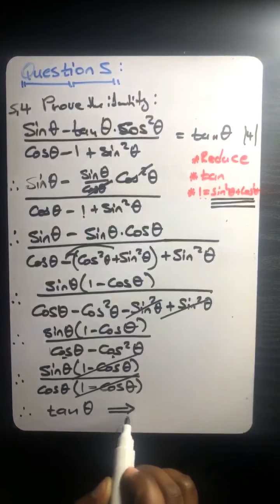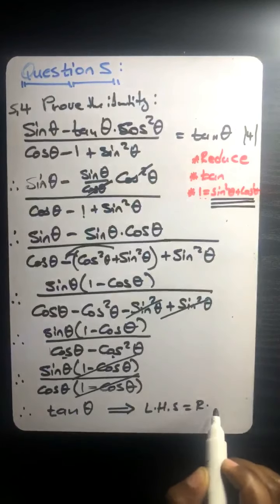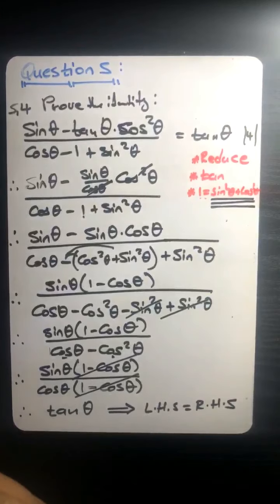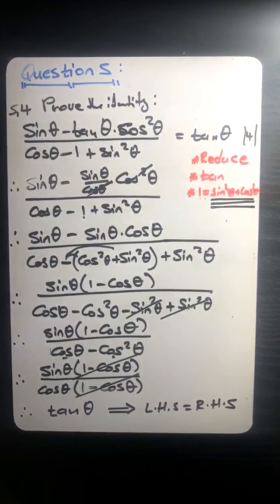So can you now see that the left hand side is indeed equal to the right hand side? Did that make sense to everyone, guys? Yes, sir. Yes, it does make sense.